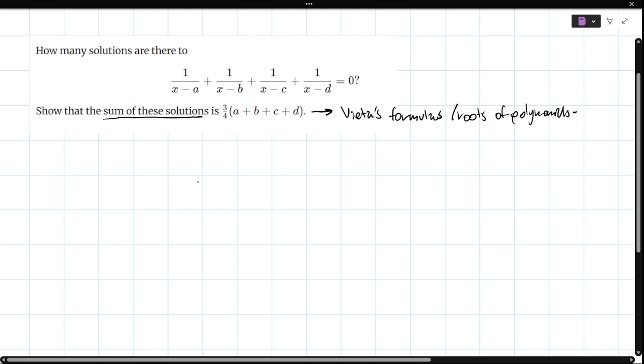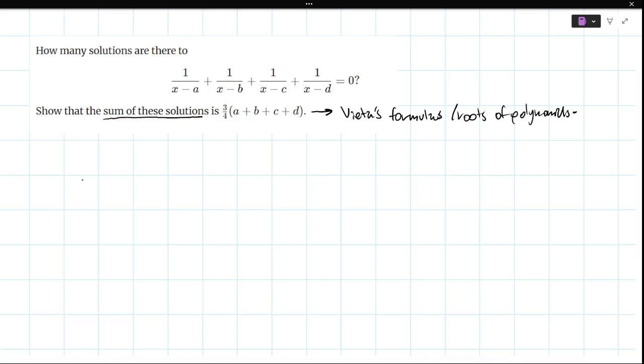Okay, so the first and only way I thought about doing this question is to get rid of the denominator. The way we do this is by making everything into a single fraction.